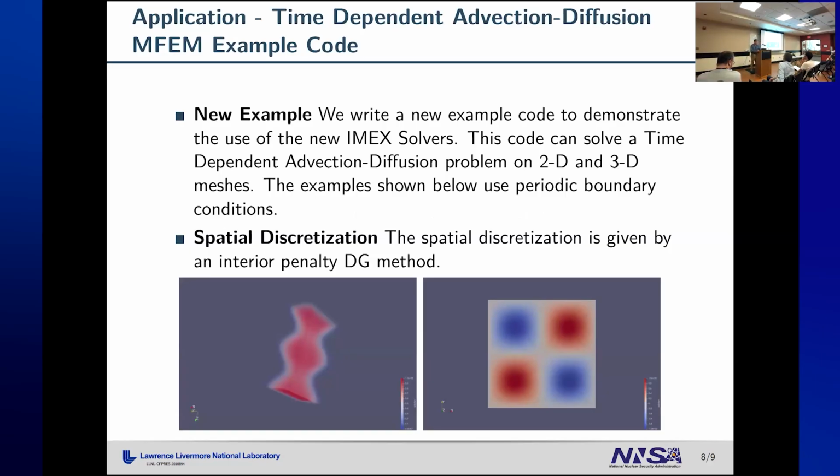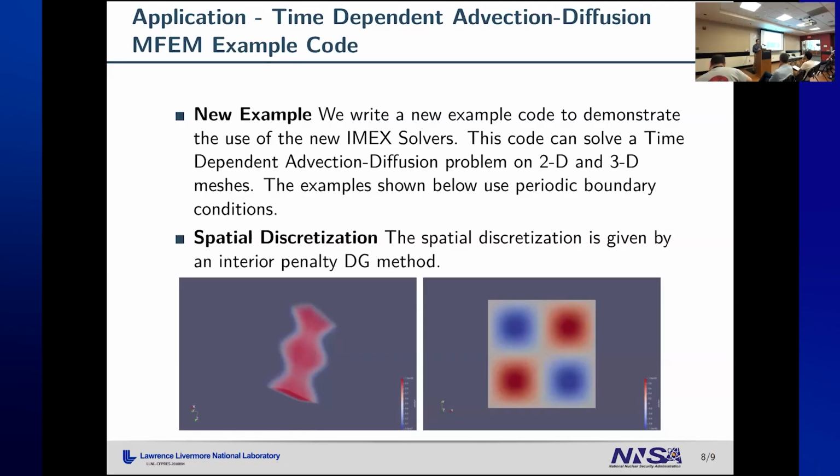Okay, so this is where the fun part begins because I get to show you some videos, which is also why I wanted to use my own laptop. Essentially we have a work in progress PR with a new example 41, which solves the time-dependent advection diffusion equation using a discontinuous Galerkin spatial discretization, and the IMEX schemes that we have implemented as the time discretization.